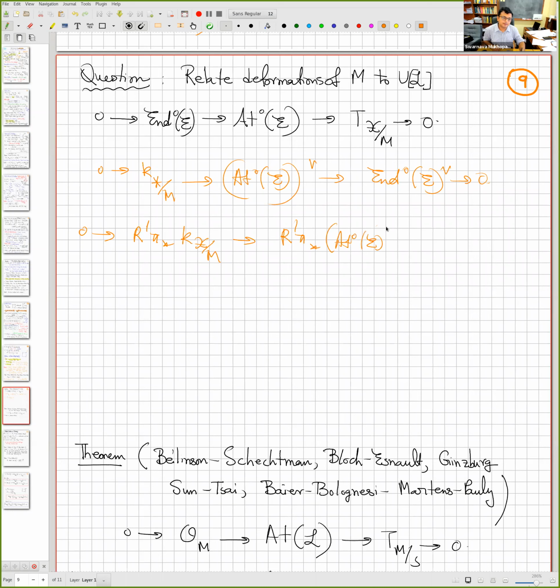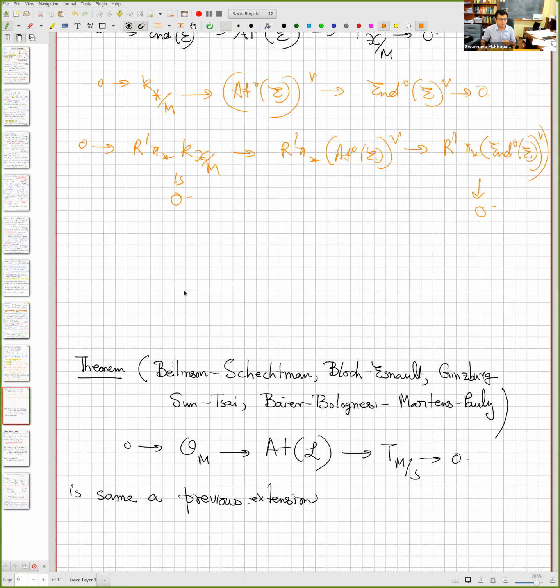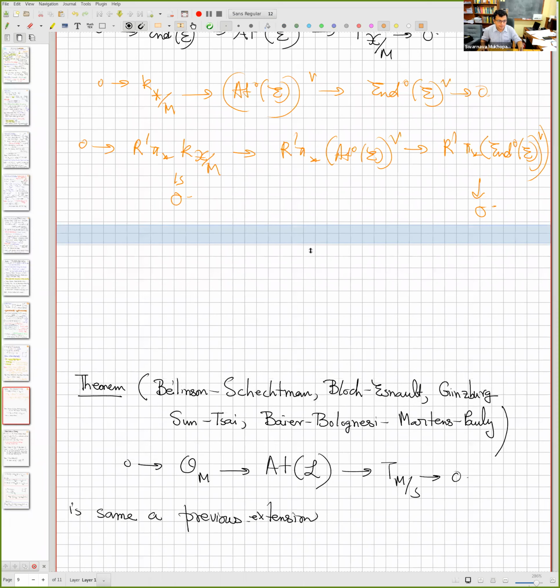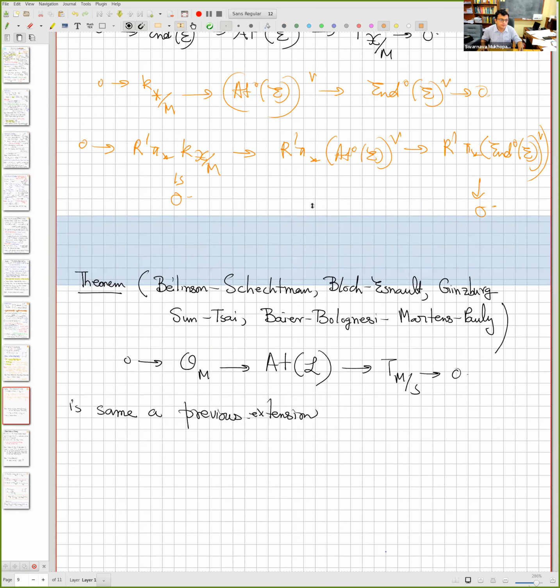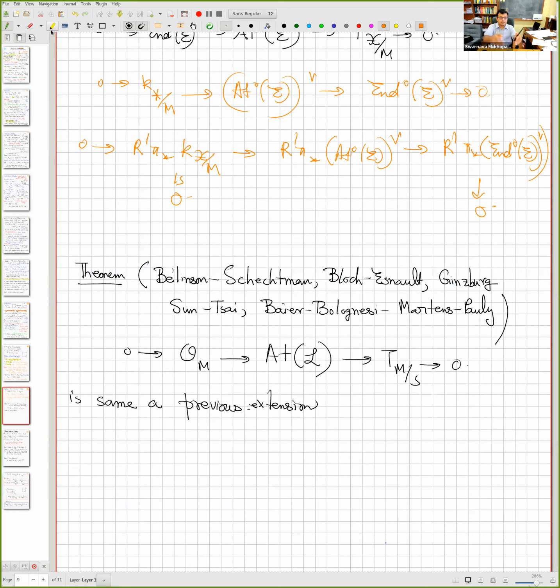I get an Atiyah algebra, which is an extension of the tangent bundle by O. Since my curve is projective, this is just O. What Beilinson and Schechtman, combined with works of Bloch, Esnault, Ginzburg, proved is that this extension is the same as the Atiyah extension of the determinant of cohomology line bundle.